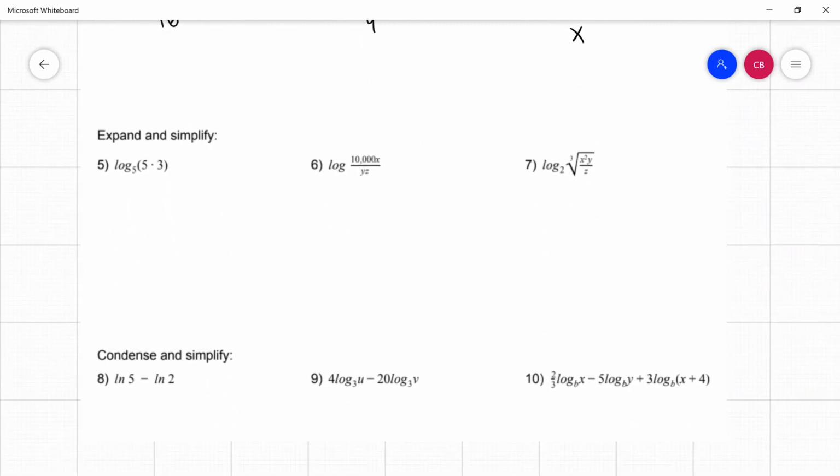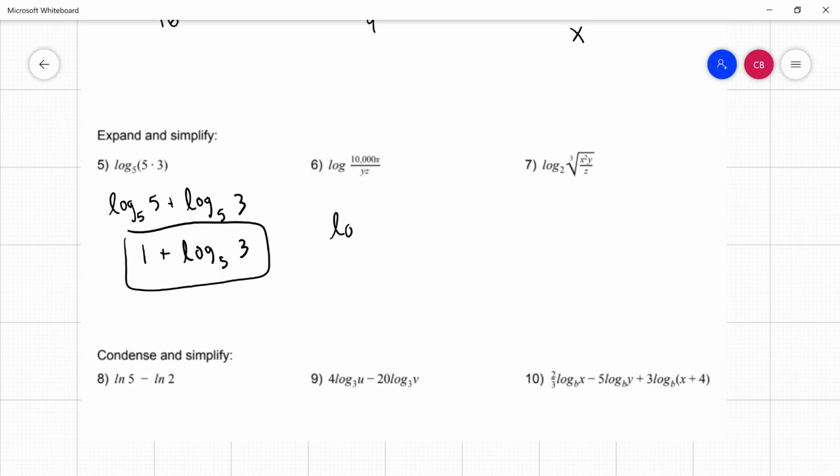Log 5 of 15. What is that going to be? Well, hold on, this is going to be log 5 of 5 plus log 5 of 3, which is 1 plus log base 5 of 3.